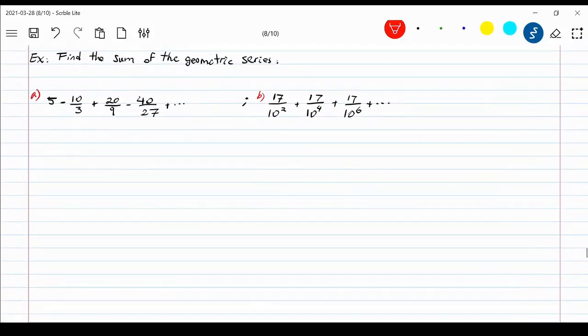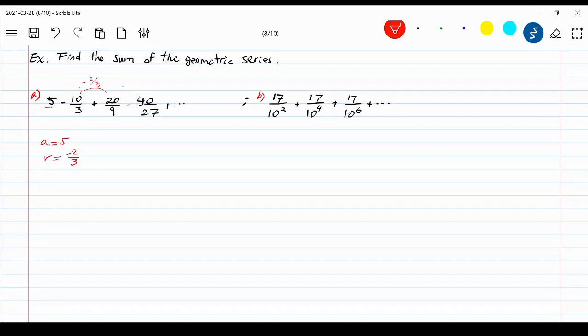You have this sequence. Think about this series, not the sequence. First, the first term a, in this case, is 5. And what is the ratio? What do you multiply at every step? If this is the first term, then what you multiply to get the next term is negative 2 over 3. To check that it's really the ratio, you should multiply that to 10 thirds to see if you get 20 over 9 when multiplying by negative 2 thirds.